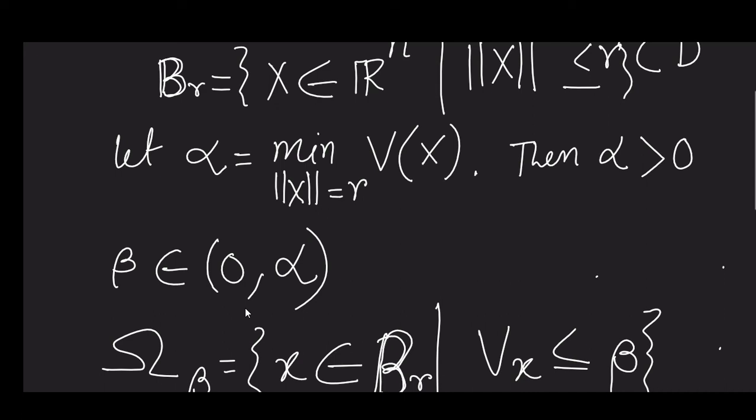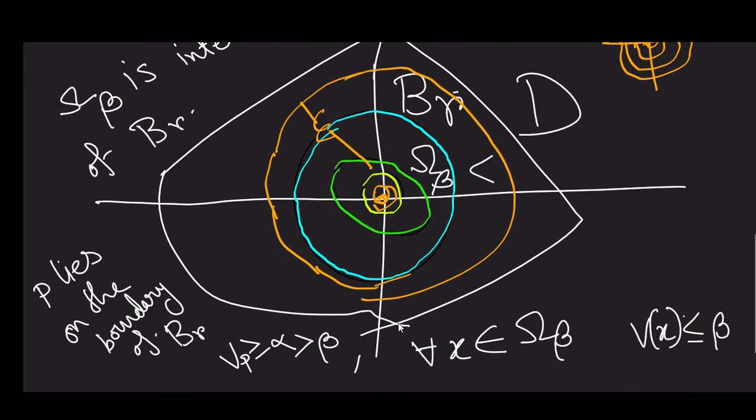Now why? If we do it like this, what change will happen? The change you can expect is that this inner closed region denoted by omega b may touch BR at some point where BR gives you the minimum energy point alpha.